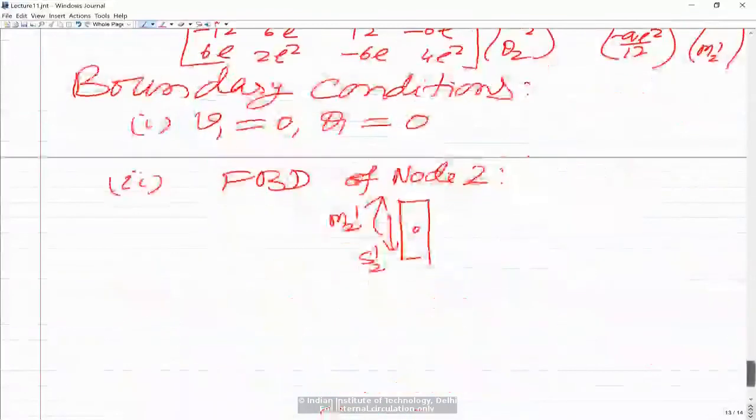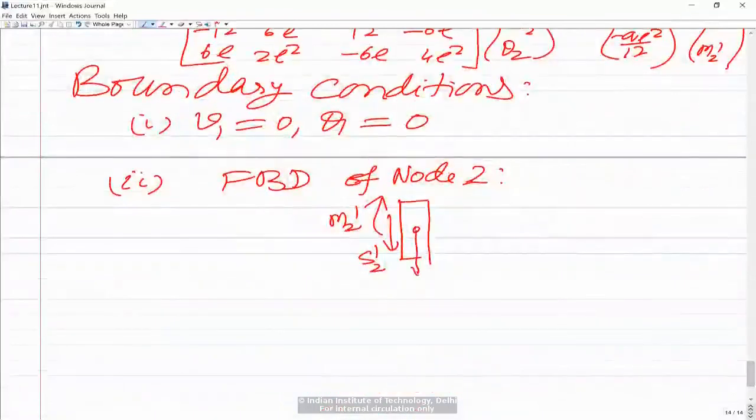V2 is the extension of the spring, and multiplied by K it gives you the spring force, and V2 is positive in the upward direction. So the spring force would be acting on the node in the downward direction, while the force from the spring would be in the upward direction KV2, but on node 2 the force would be in the downward direction. So this would be KV2. This is the spring force.